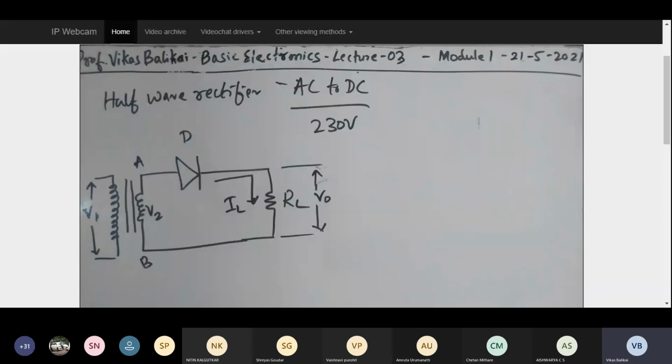If you apply 230 volts or voltage more than 10 or 15 volts, the chances of the diode getting damaged are very, very high, and immediately the diode will be damaged. Hence, to avoid that, I'm going to use a step down transformer.